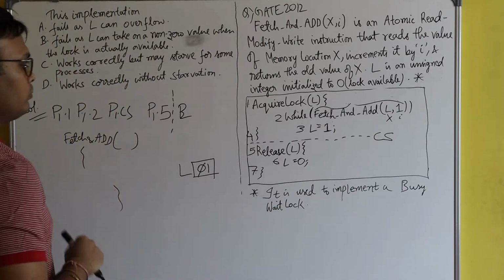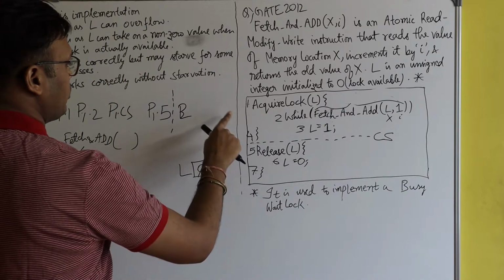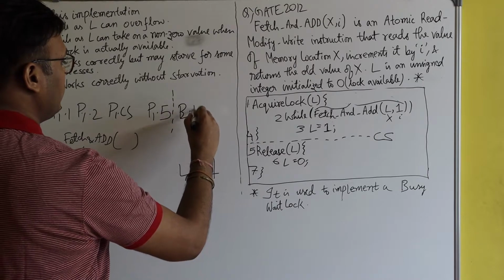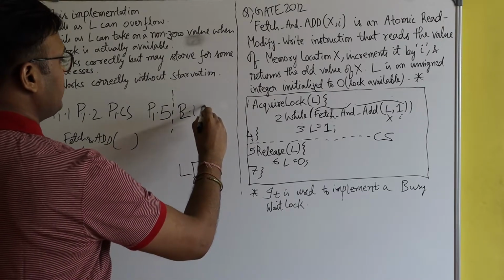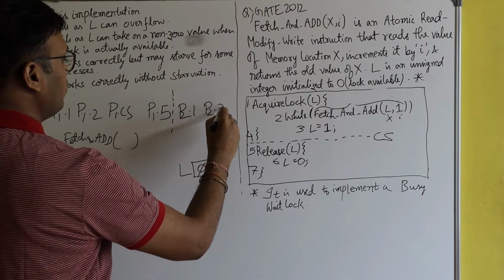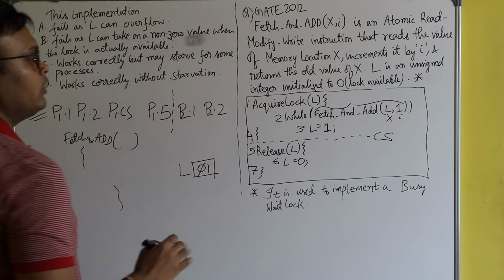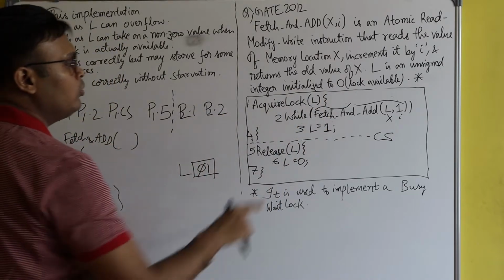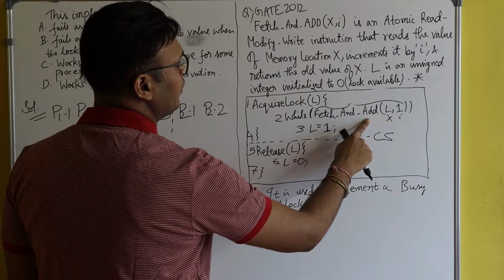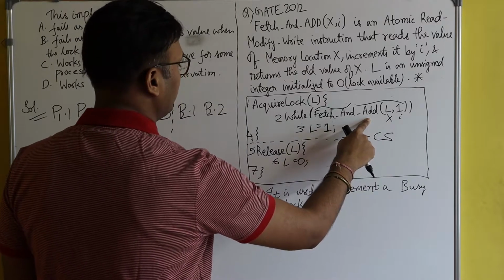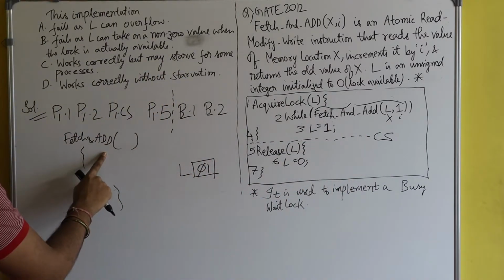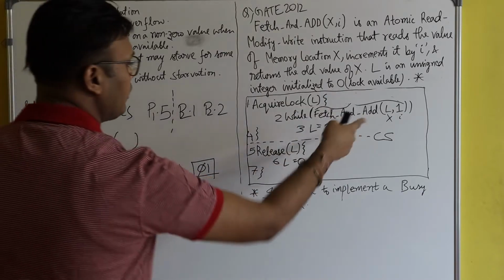So here you see, yes, process P2 will execute line number 1. Fine. Process P2 will execute line number 2. So you see in line number 2, again the fetch and add function is called. So what will the fetch and add function return here?